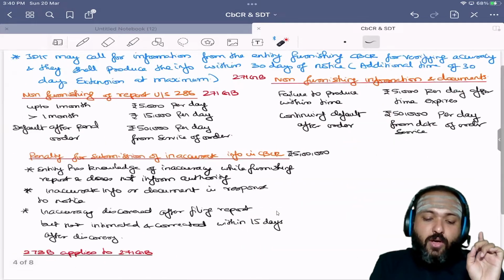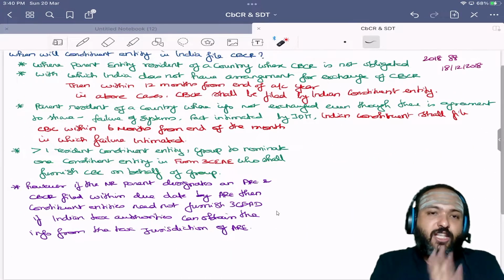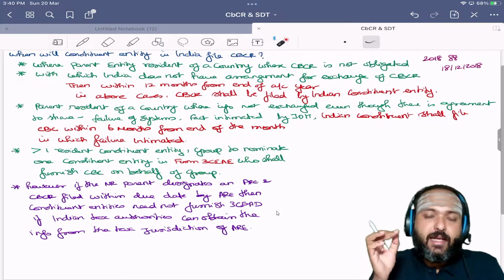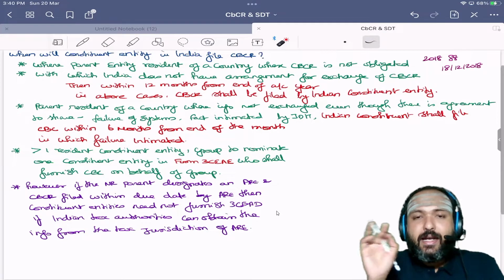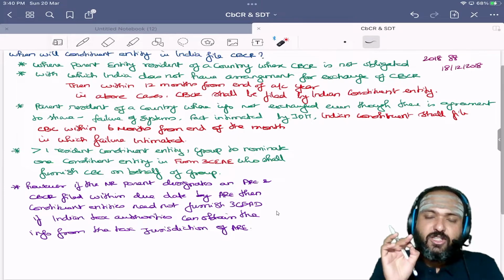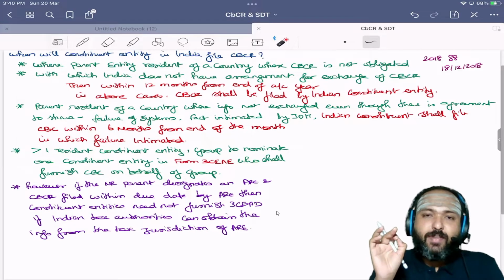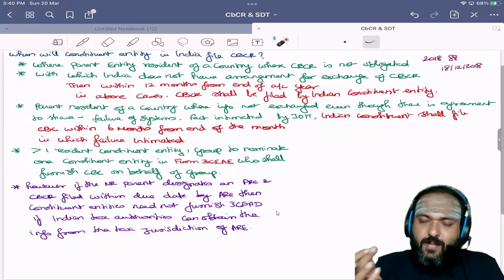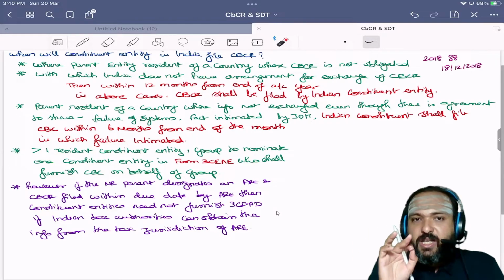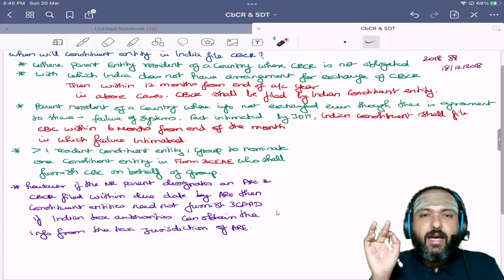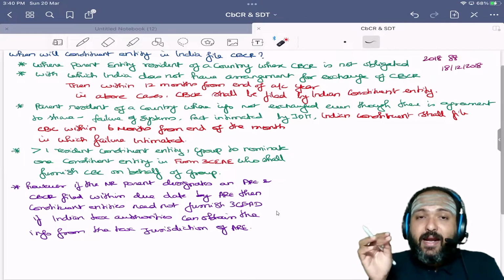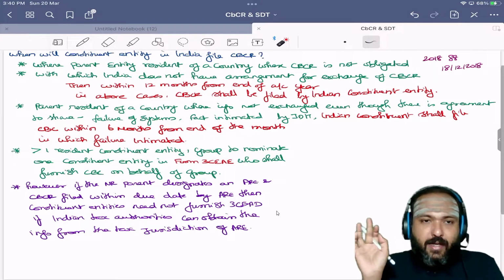Okay, so if there is no such arrangement, for example, Cayman Islands, and India does not have an arrangement for exchange of information with respect to CBCR, and the parent entity is located in Cayman Islands.